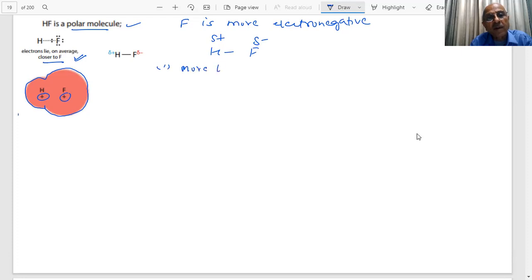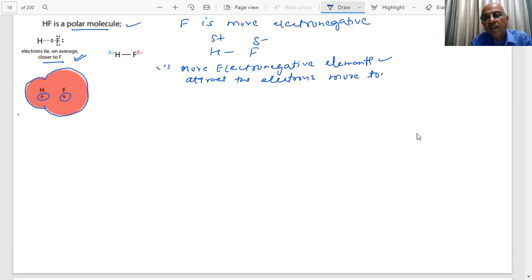more electronegative elements, student, will attract the electrons more towards itself, right or wrong?